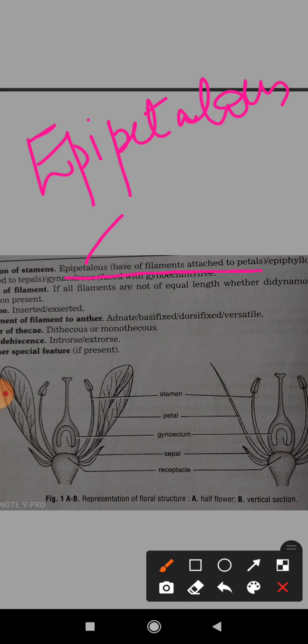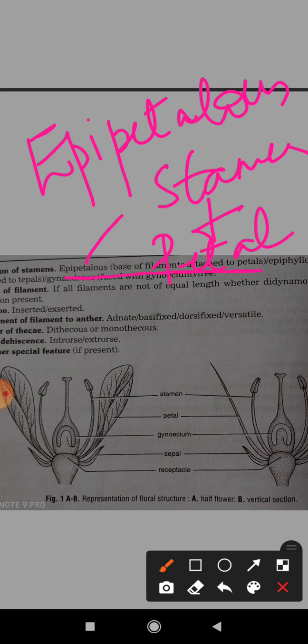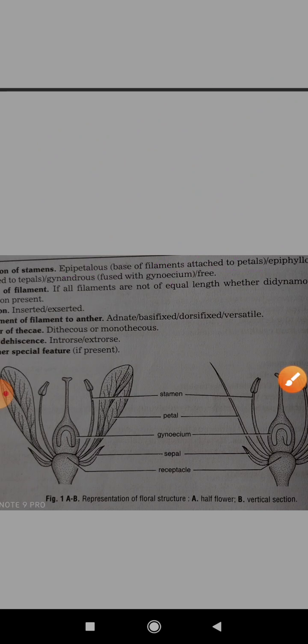So what does epipetalous mean? That the stamen is fused to the petal, right? So when the stamen is fused to the petal, then it is known as epipetalous.